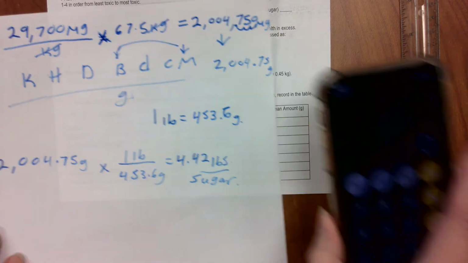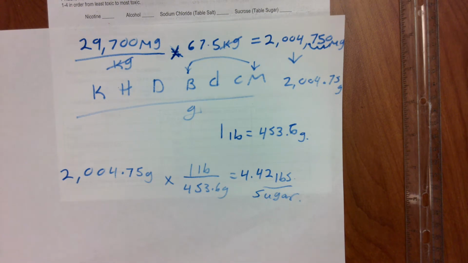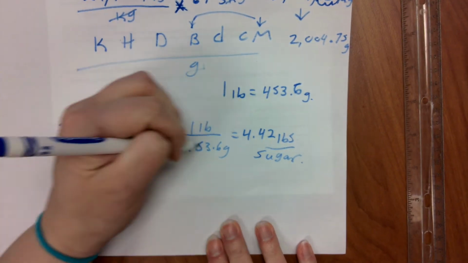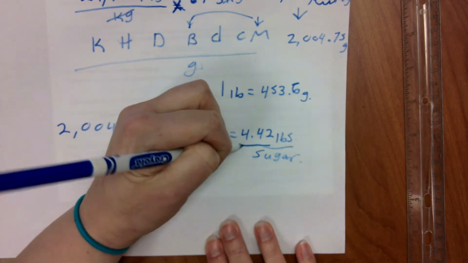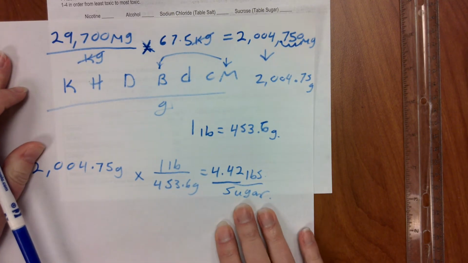So in order for 50% of your population to die from sugar and they weigh 150 pounds, they would need to eat 4.42 pounds of sugar.